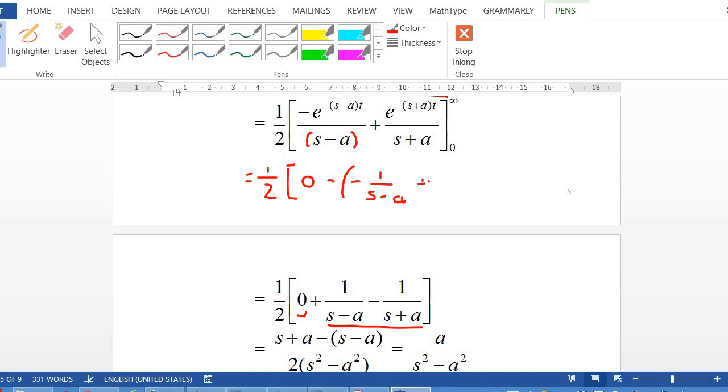Then plus, exponent 0 is 1, so 1 over s plus a. So negative negative, this is positive; negative positive, this is negative.